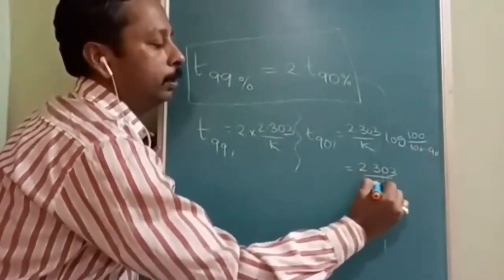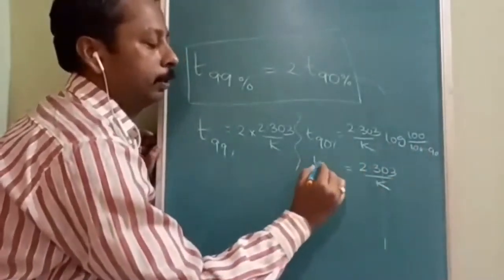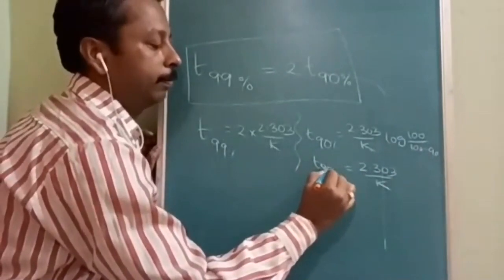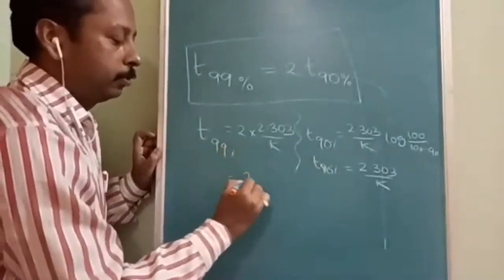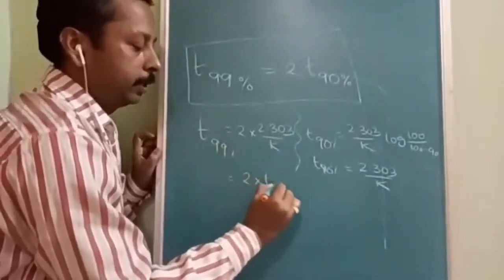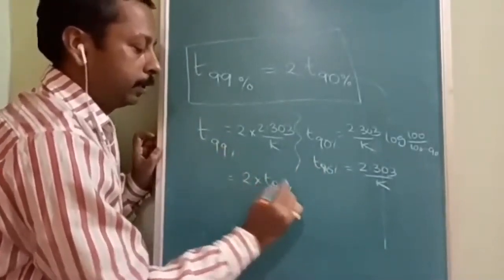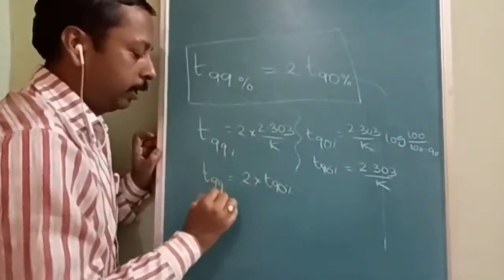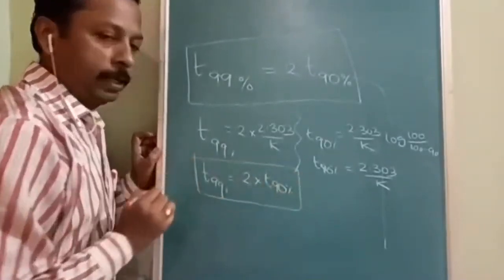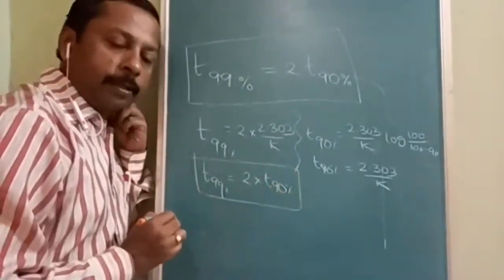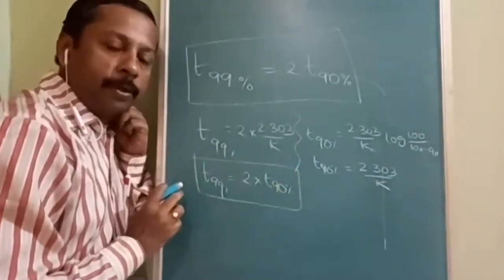So 2.303 by K. Okay. So if you simply compare these two, here in place of this 2 into what, I can write it as T90%. So T99% is equal to 2 into T90%. Like this formulas are also derived.